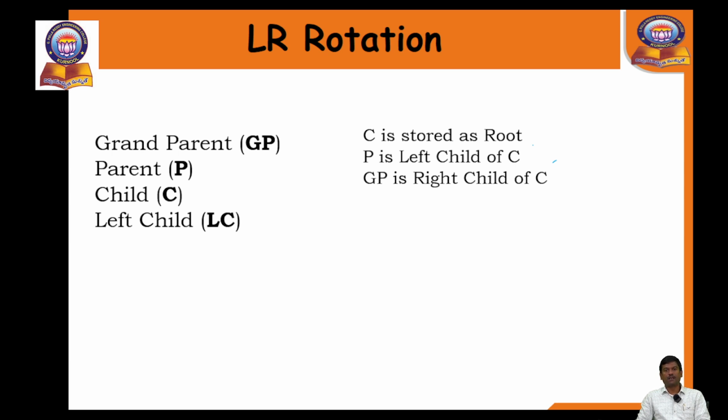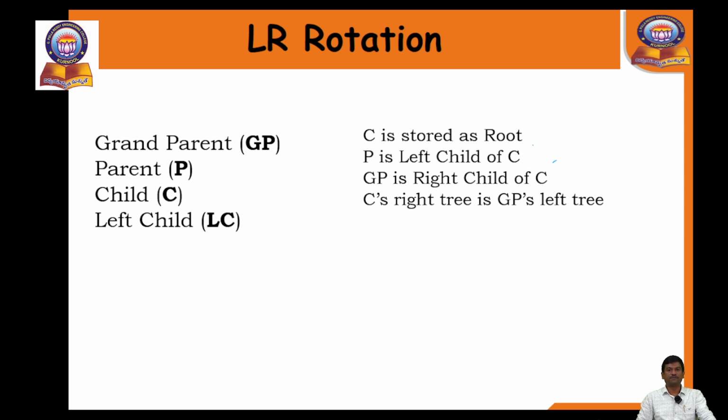Within your LR rotation, that is, the left tree is heavy, out of which the right subtree is heavy, in such cases C becomes the root, P is the left child of C, and GP is the right child of C. I'll give an example. And C's right tree becomes the GP's left tree.